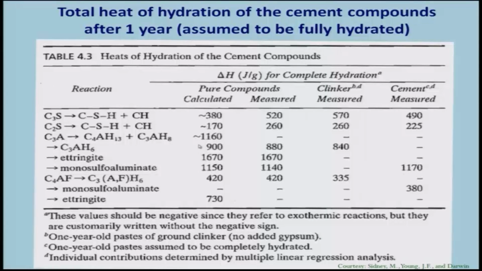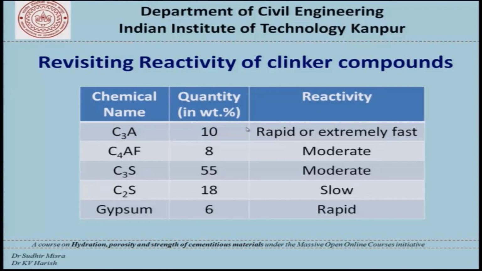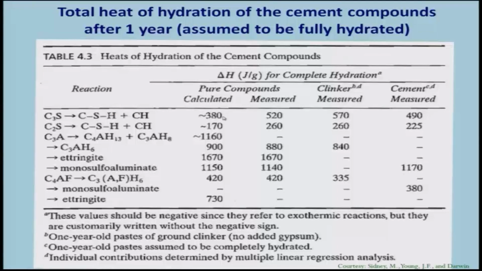Again, individually for different hydrated compounds it is given, and if you take C4AF it is 420. You may have to compare this figure with the reactivity shown in the previous slide to understand which is higher and which is lower.